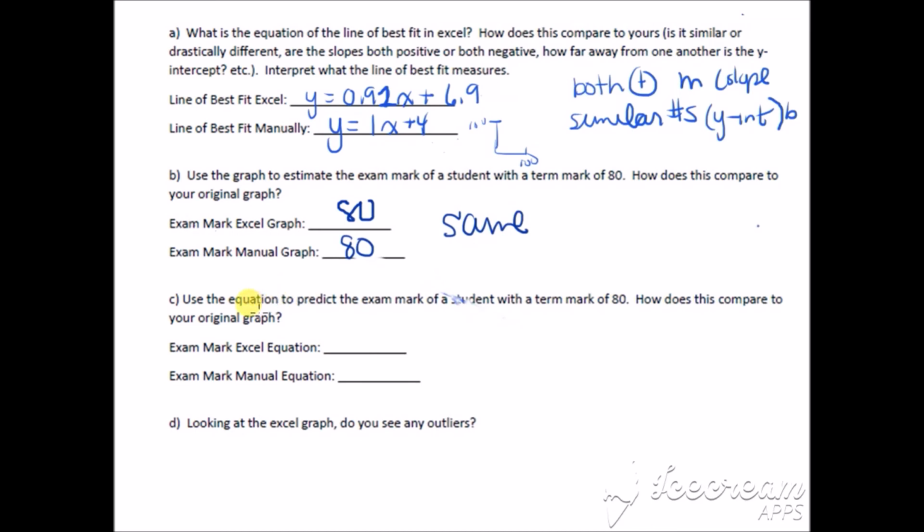Now use the equation to predict the exam mark of a student with 80. And how does this compare to the original graph? Or the original, we should say equation. Right? The manual equation gave us 84, but if we were to go over here and do y equals 0.92 and sub that 80 into the Excel equation, we get 80.5.